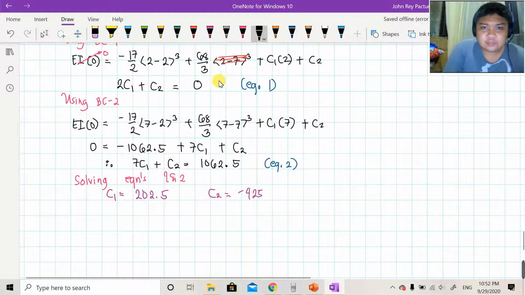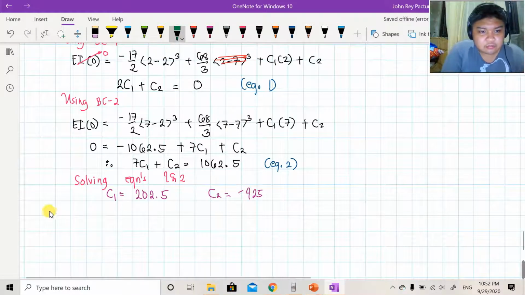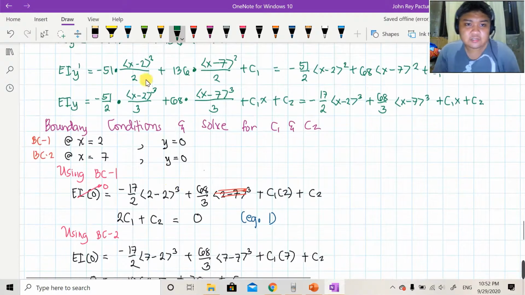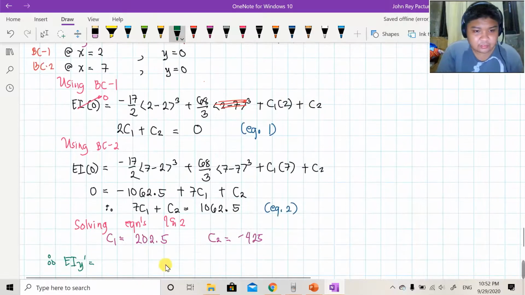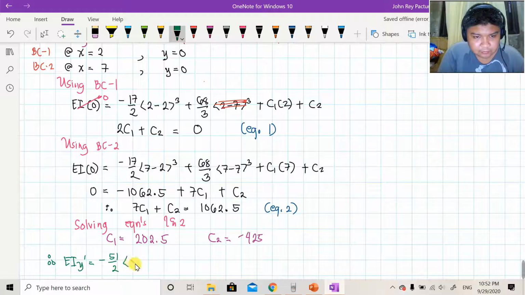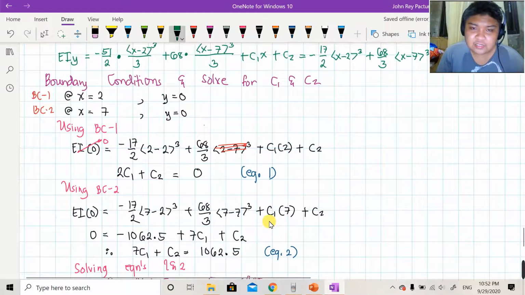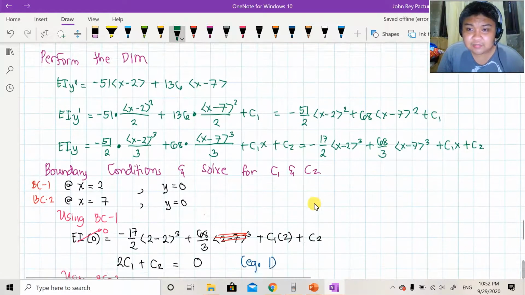So, therefore, isulat muna natin to conclude our EIY prime. EIY prime is equal to negative 51 over 2 times (x minus 2) squared plus 68 times (x minus 7) squared plus C1.